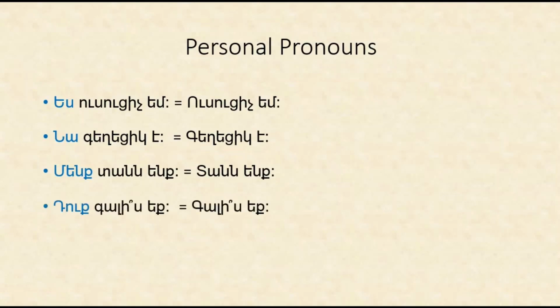We are at home. And equally, դուք գալիս եք can be simply transformed into գալիս եք. Are you coming? Whether you use the pronoun or not depends on you. Both forms are correct and you can choose which one is better for you.